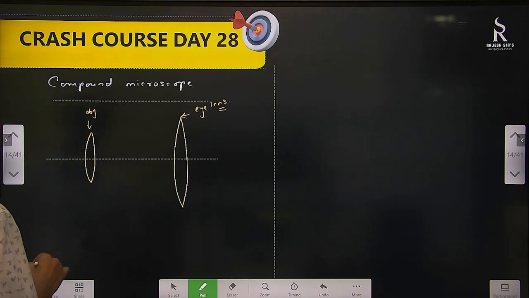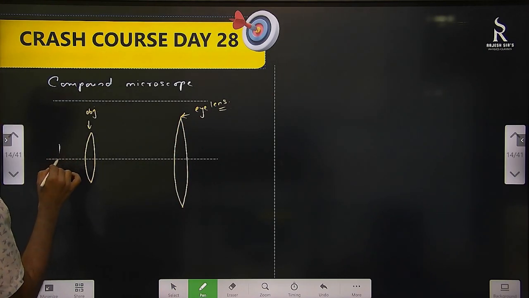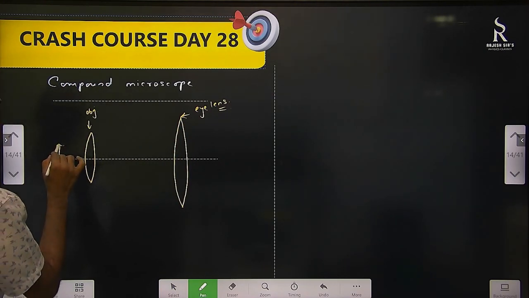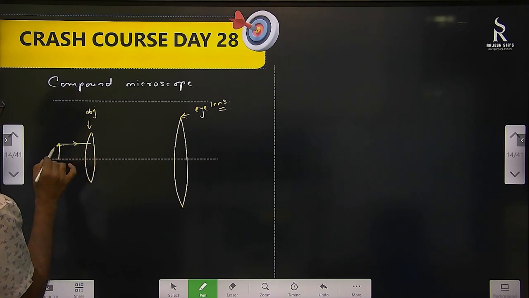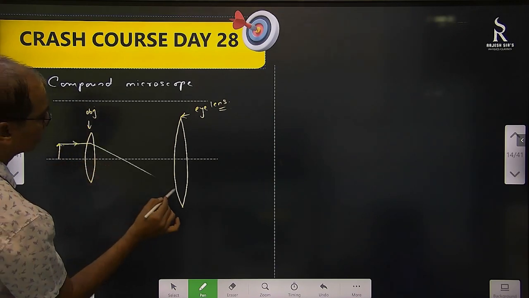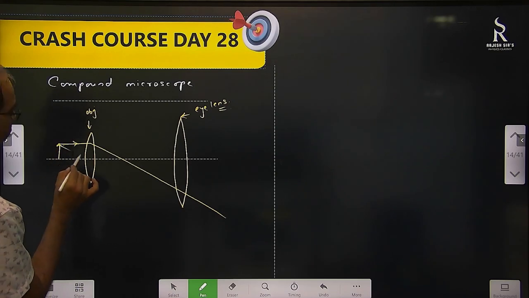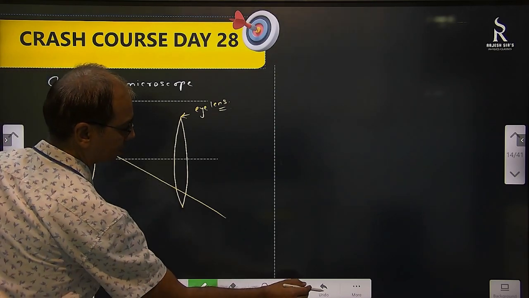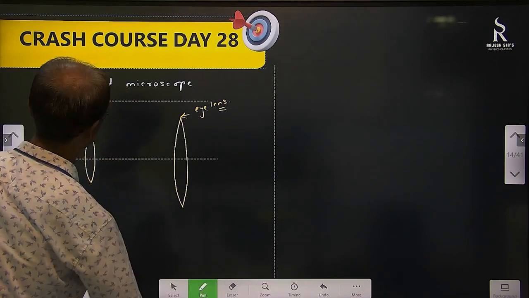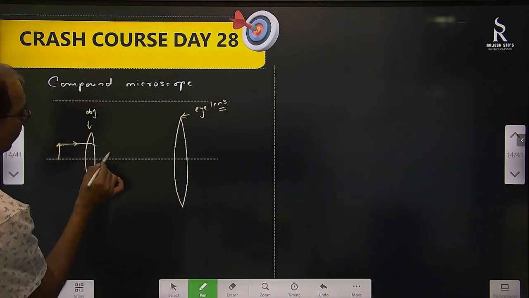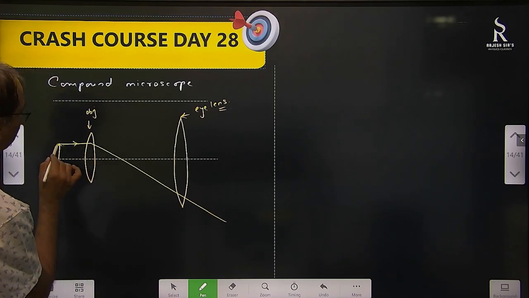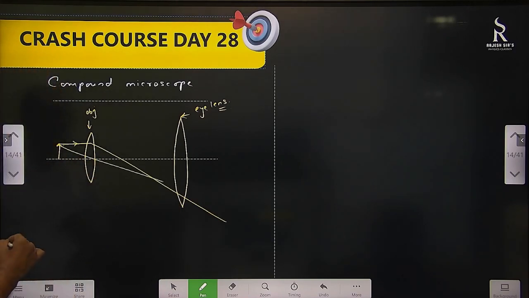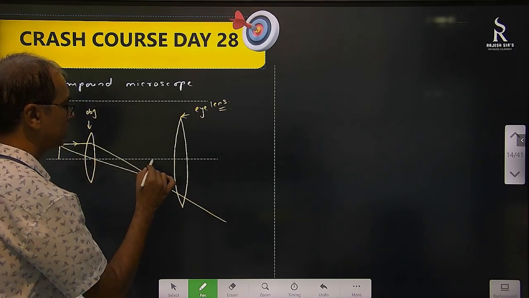Now in this one, you will have small object over here. We will take the rays in this way. Okay, and this will be going from here. You take it slightly more. Like this. Okay. So here is the image formation.